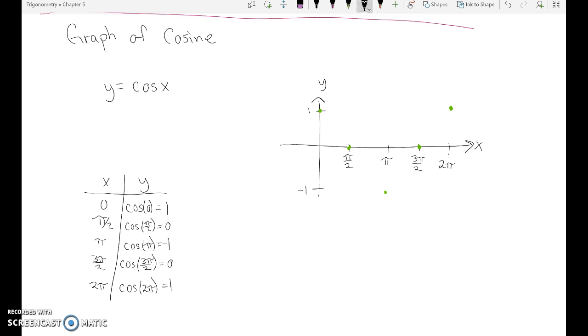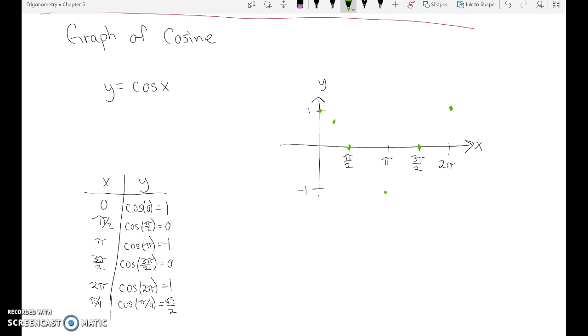I can pick one more point just to make sure that it rounds off. So let's put in pi over 4. So we have cosine of pi over 4, and that'll give us root 2 over 2, which we learned in the last video comes out to about 0.7. So when I pick that point, it's going to be right about there.